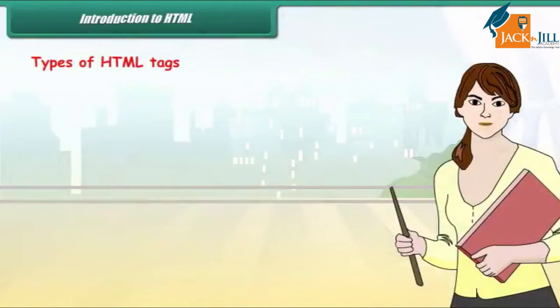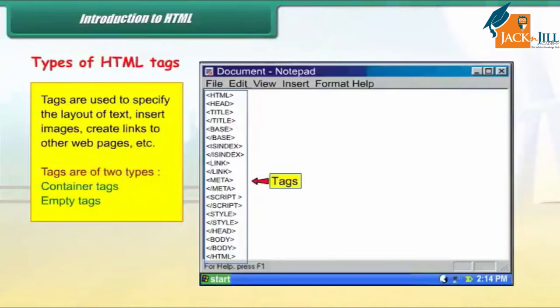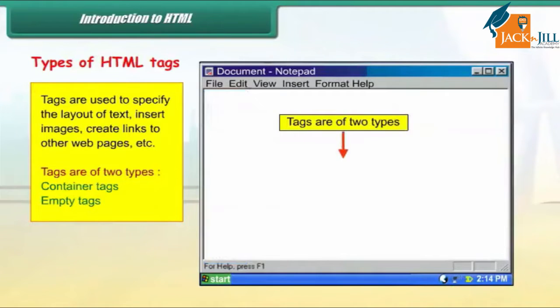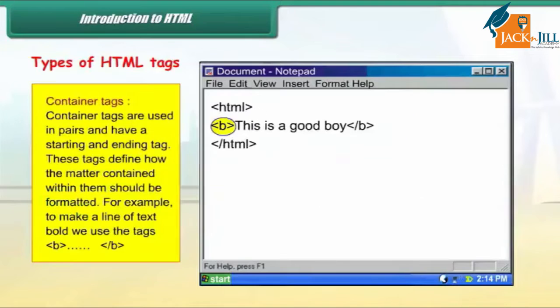Types of HTML tags. Tags are used to specify the layout of text, insert images, create links to other web pages, etc. Tags are of two types: container tags and empty tags. Container tags.